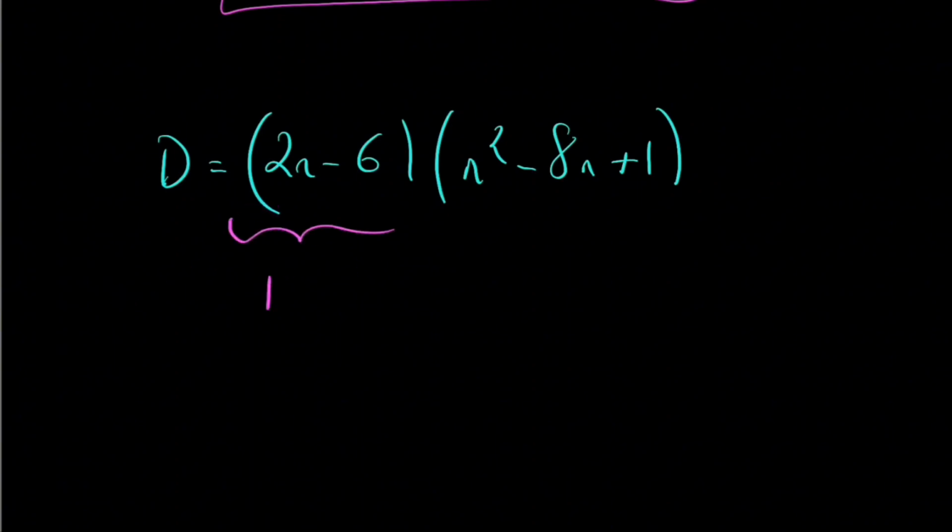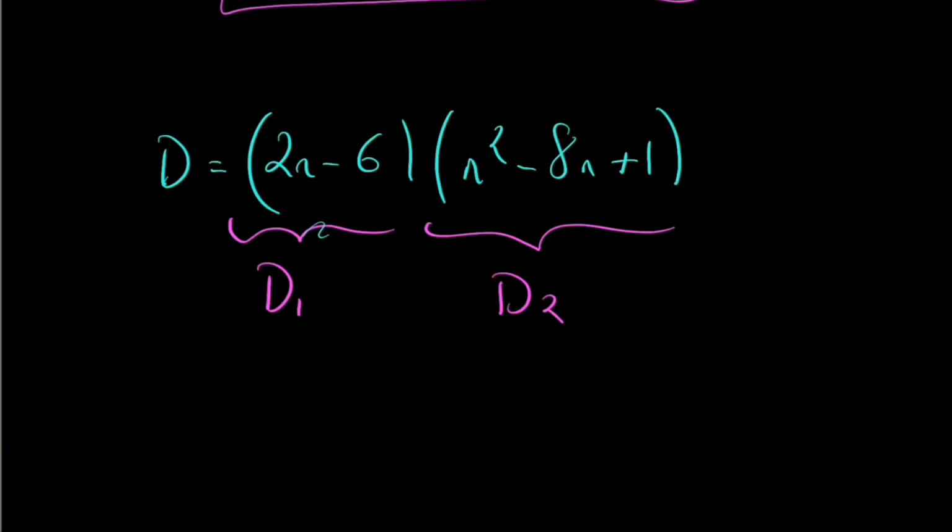So here we have a product, and we will call d1 the first part of the product and d2 the second part of the product. And we will have d positive when we have at the same time d1 positive and d2 positive, or d1 negative and d2 negative.